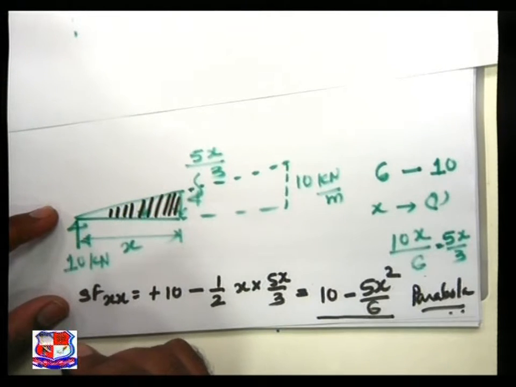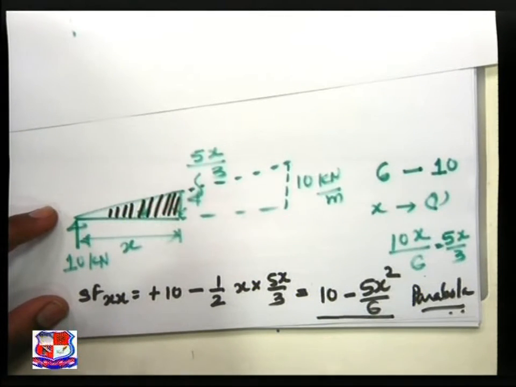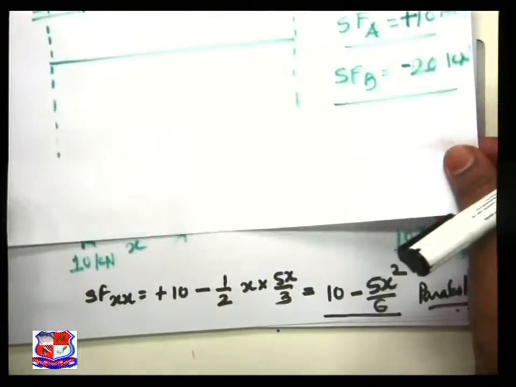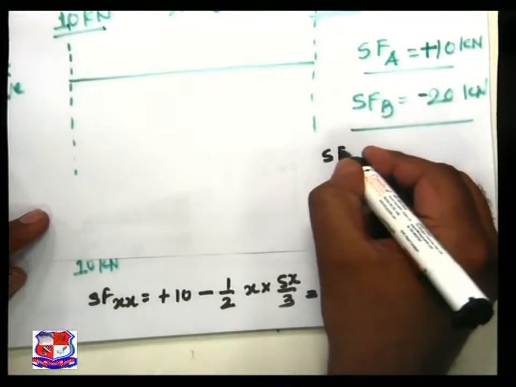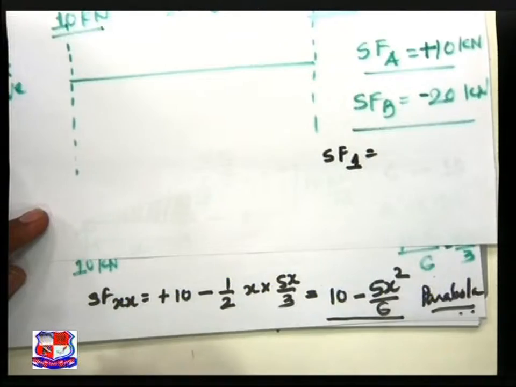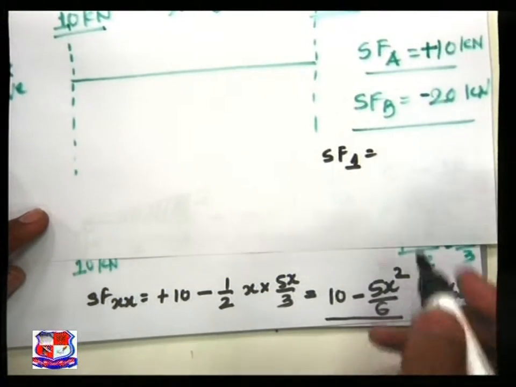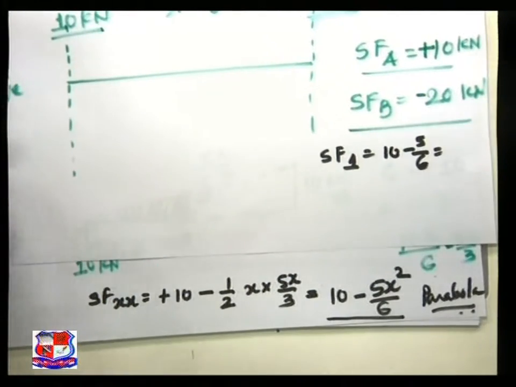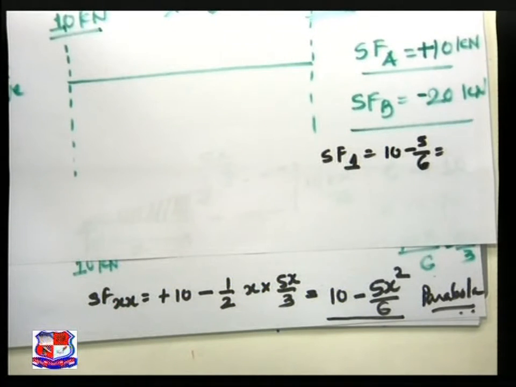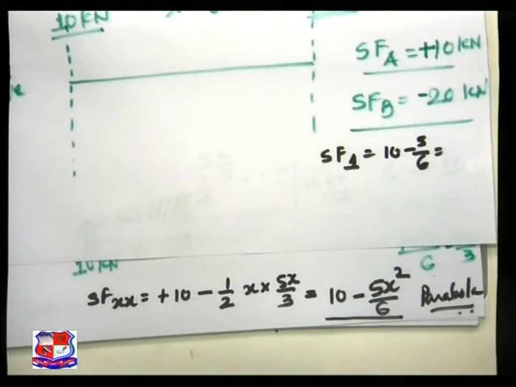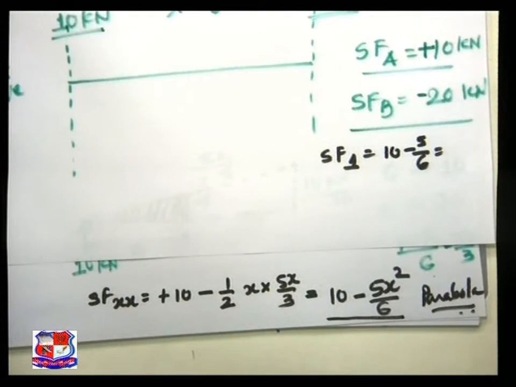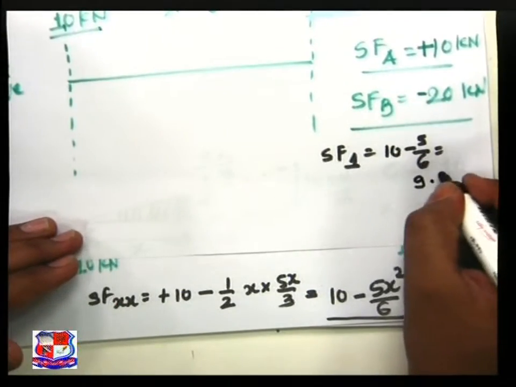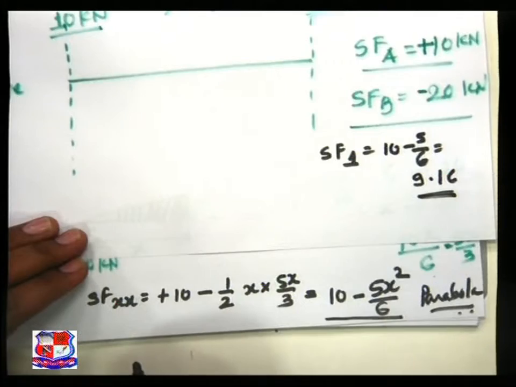Now let us find out the ordinates for each and every 1 meter interval. Shear force at 1 meter, we have to put x is equal to 1. So we get 10 minus 5 by 6, which is 9.16 kilonewton.